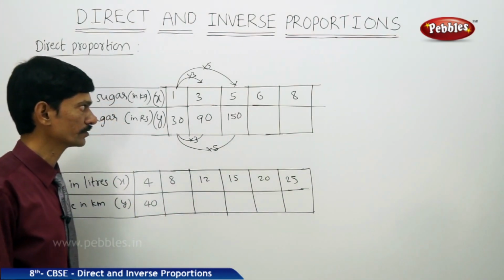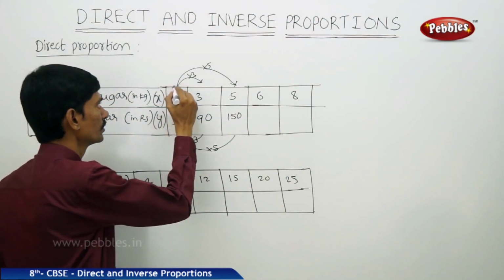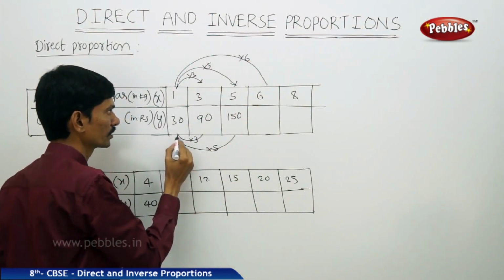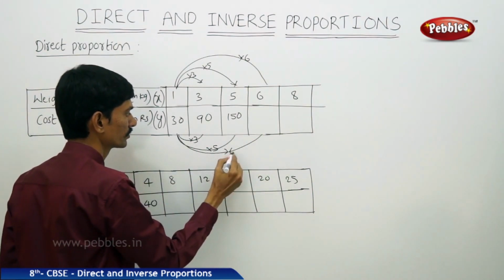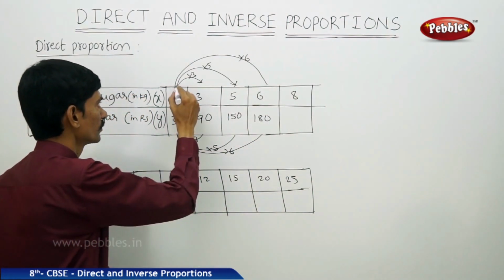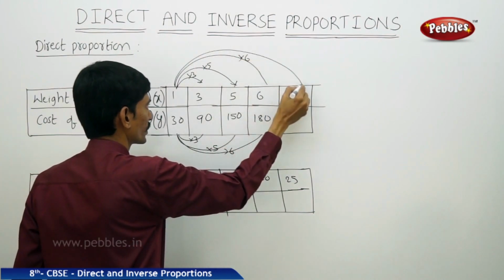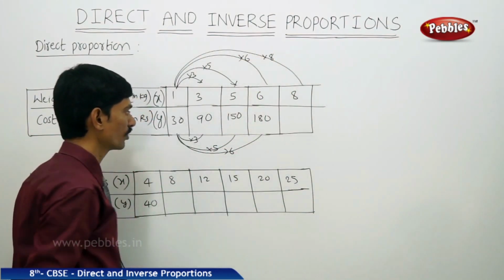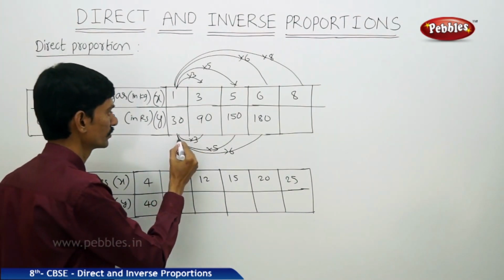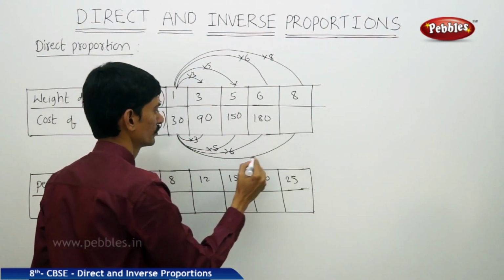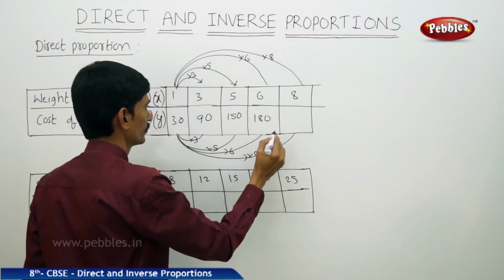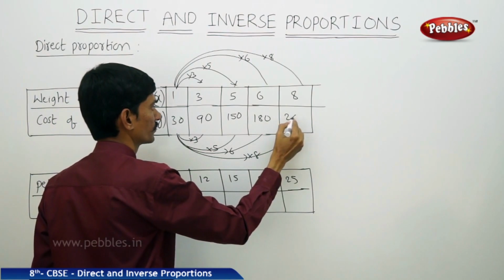Here 1 is multiplied by 6, so at the same time we multiply 30 by 6. Then we get 180 rupees. Then if the weight of sugar is 8 kilograms, then what is the cost? Thirty into 8 is 240.